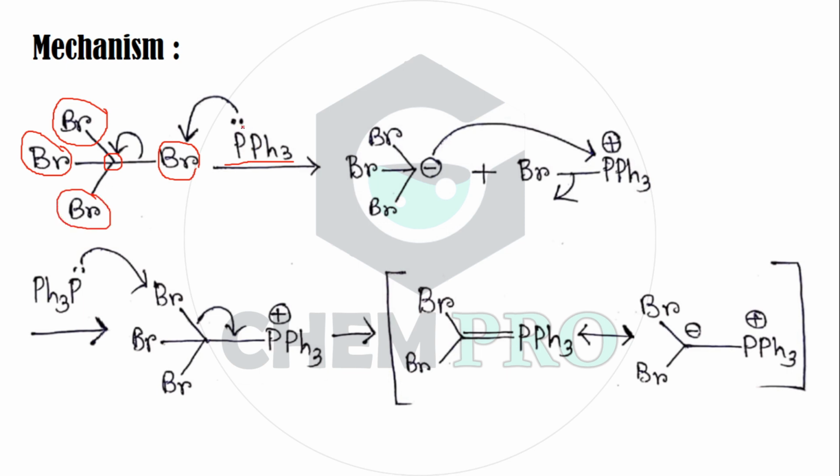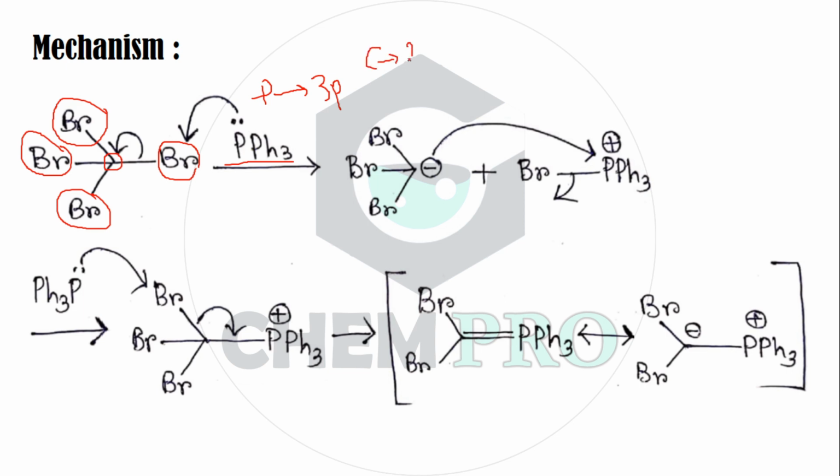Okay, and this PPh3 is a very potent nucleophile because P has the 3p orbital and the carbon has 2p orbital.